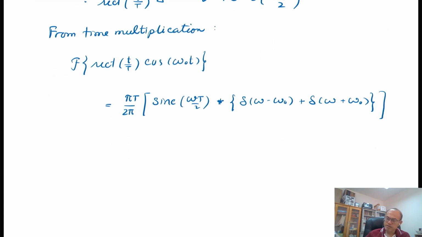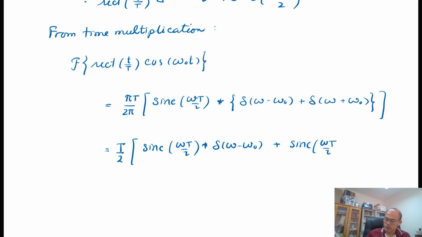Now, from linearity of convolution, I could bring the sinc function to convolve with each of the deltas. So this is going to be T over 2 sinc of omega T over 2 convolved with delta omega minus omega 0 plus sinc of omega T over 2 convolved with delta omega plus omega 0.